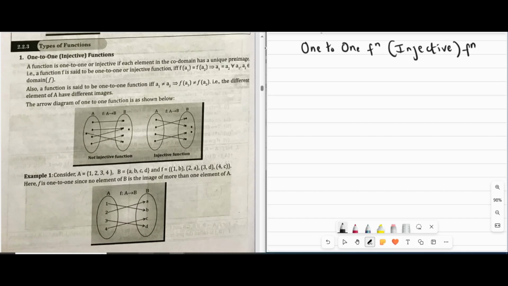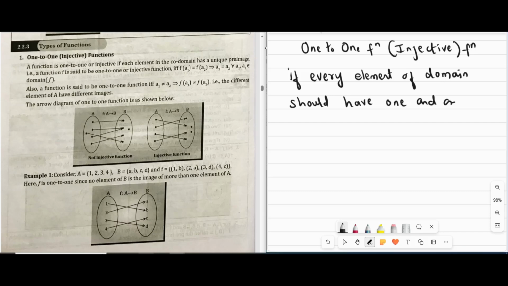The definition is: a function is said to be one-to-one if every element of domain should have one and only one image in codomain.